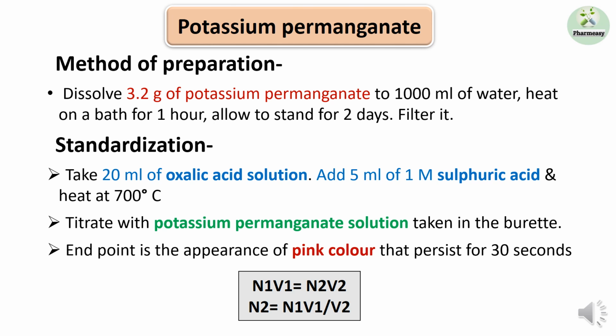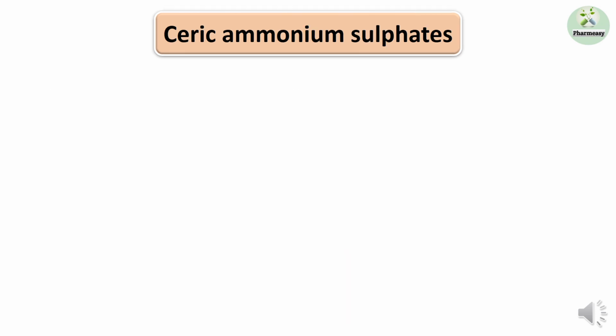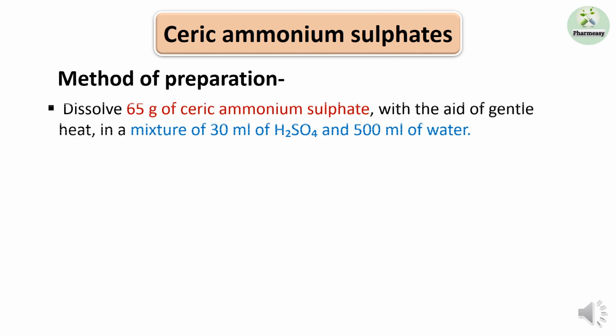Last is ceric ammonium sulfate. Method of preparation is dissolve 65 grams of ceric ammonium sulfate with the aid of gentle heat in a mixture of 30 milliliters of sulfuric acid and 500 milliliters of water.